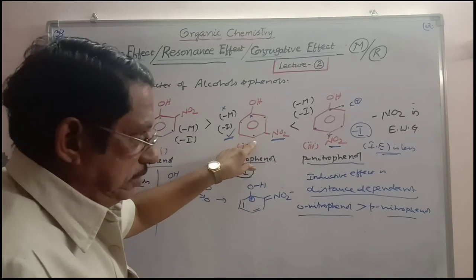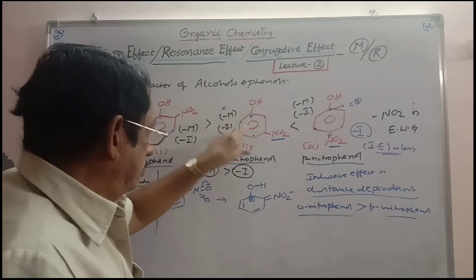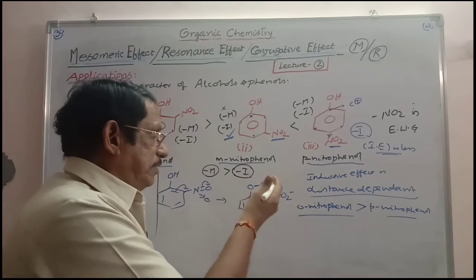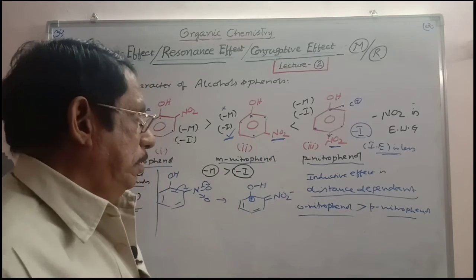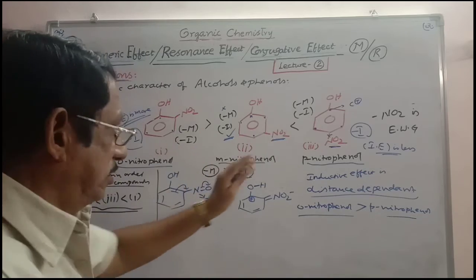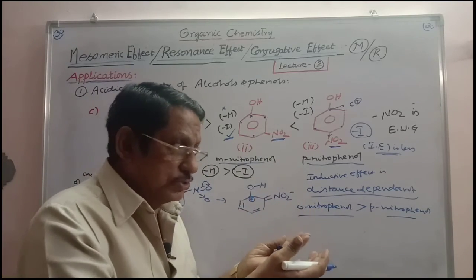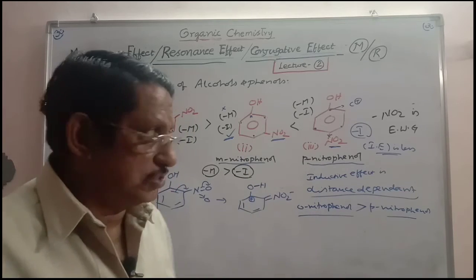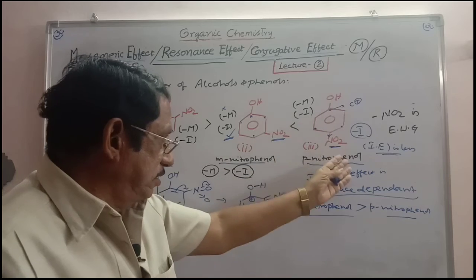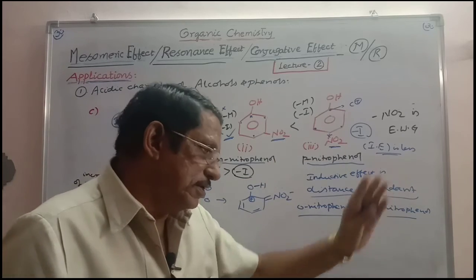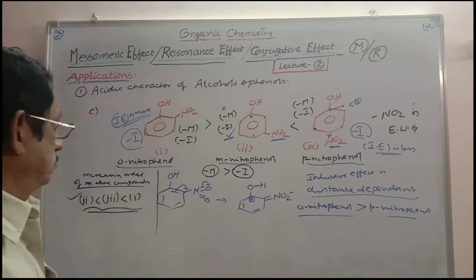And here it cannot be seen to much extent. Here only inductive effect will be operating. Based on that, we explained why it is the least acidic among the three. Truly speaking, in these two, only inductive effect is operating, because through minus mesomeric effect, both are having positive charge on the carbon to which the OH group is attached, no doubt. So, as the inductive effect is distance dependent, 3 is more acidic than 1.